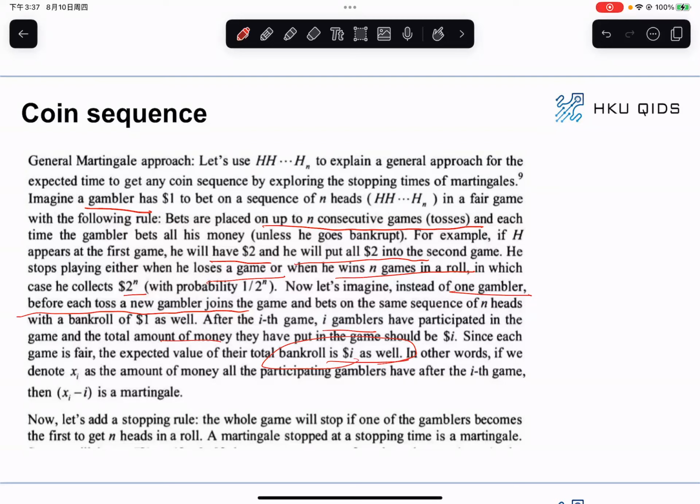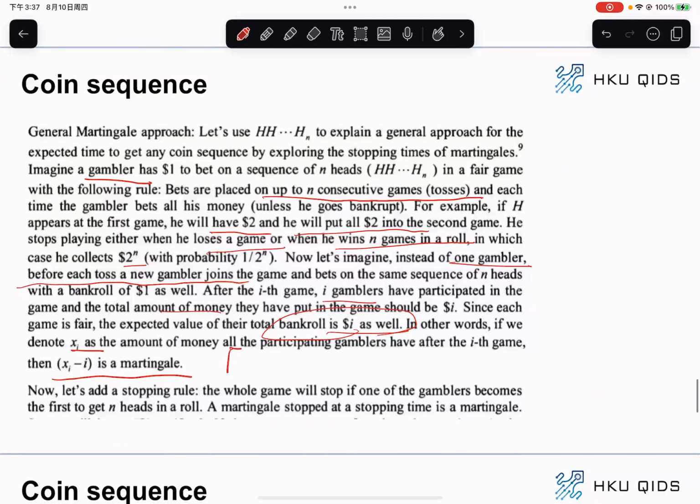And then we can denote Xi as the amount of money that all the participating gamblers have after the i-th game. And then Xi minus i is also a martingale, okay? Because the expected value of Xi minus i is going to be X0 minus 0, which is just 0.